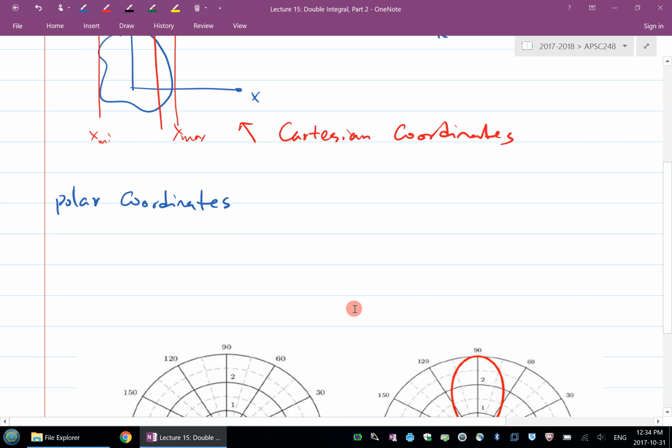So what are polar coordinates, first of all? Let me move this down a little bit more here.